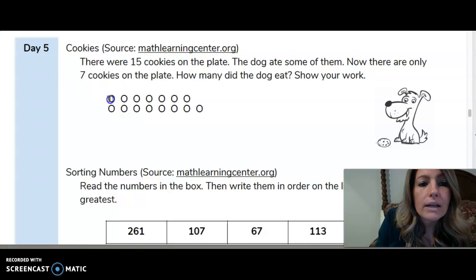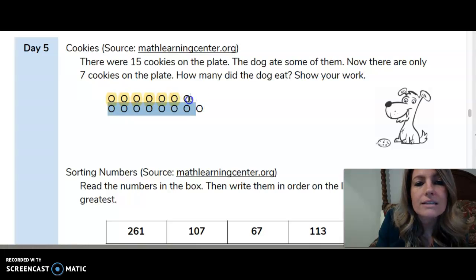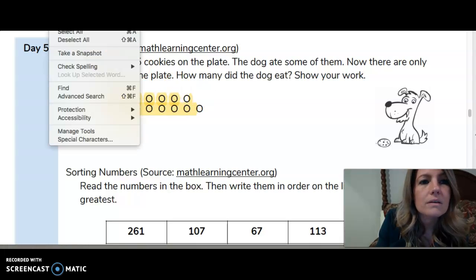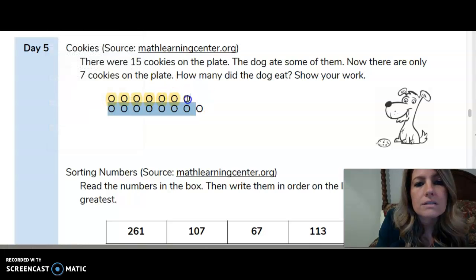There were 1 cookie, 2 cookies, 3 cookies, 4 cookies, 5 cookies, 6 cookies, and whoops. Well, let's see if it lets me do that. 7 cookies.